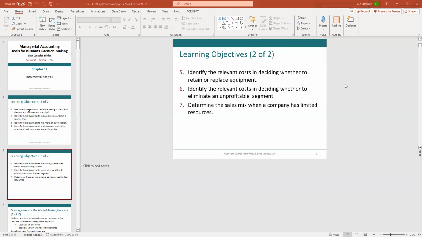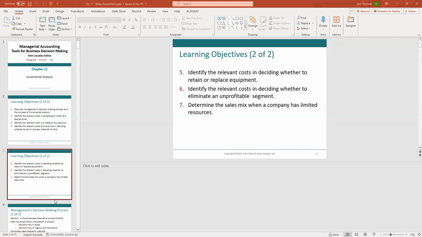The other one is to decide whether to eliminate an unprofitable segment. And the last one is to determine the sales mix when the company has limited resources, and how we should do that.